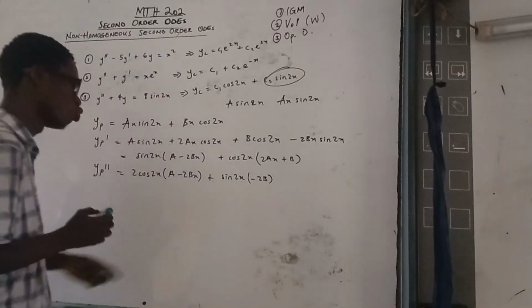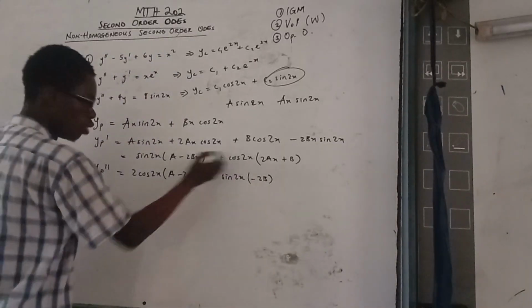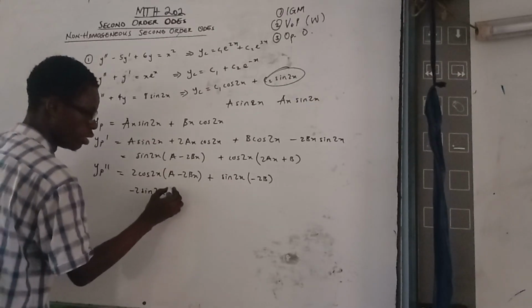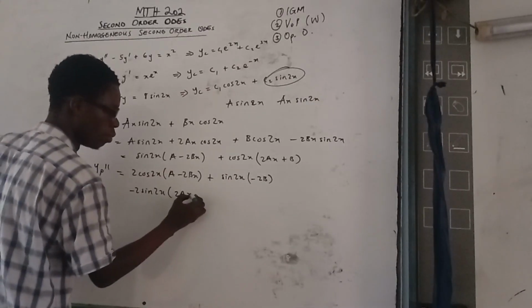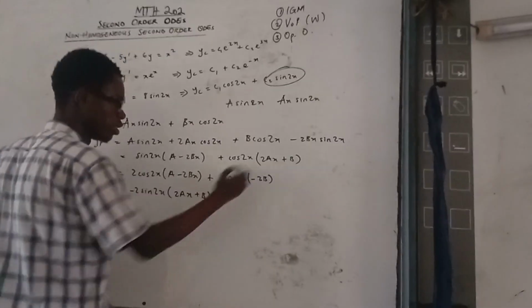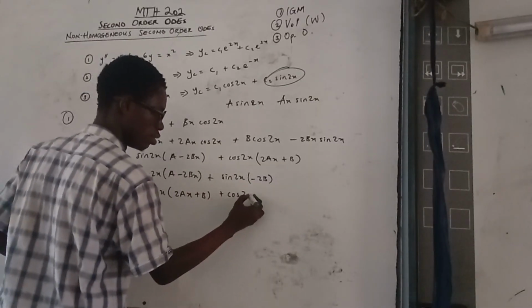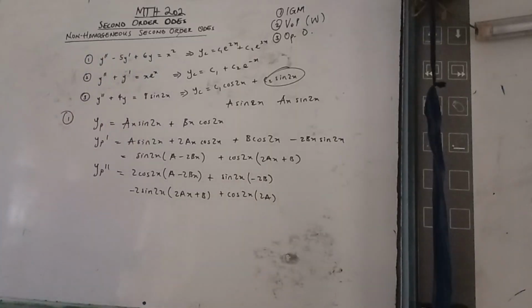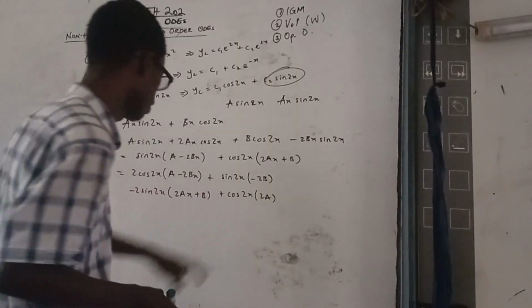Let's differentiate the second one. Cos 2x will give us minus 2 sin 2x into bracket 2ax plus b. If we differentiate what's inside, we get plus cos 2x into bracket just 2a. So we have 2 cos 2x here, cos 2x here.